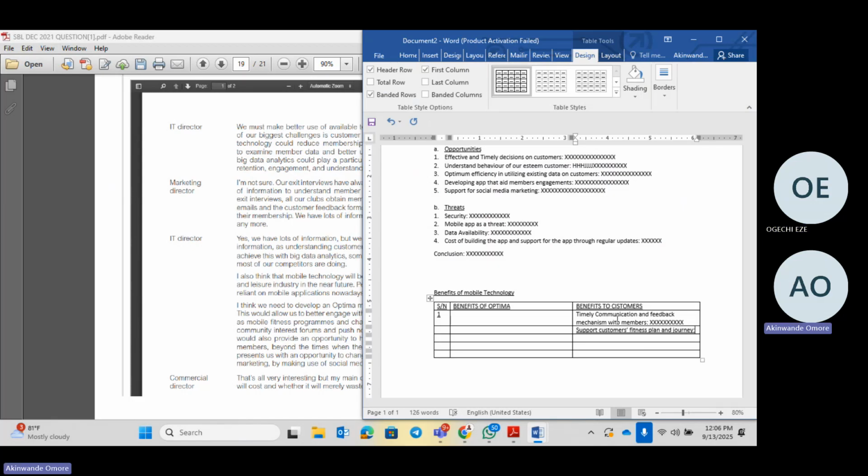Fitness is a journey. The flexibility can also be an advantage because they have more options to choose which plan to take. Flexibility of plans. All these answers we are picking from the discussions.